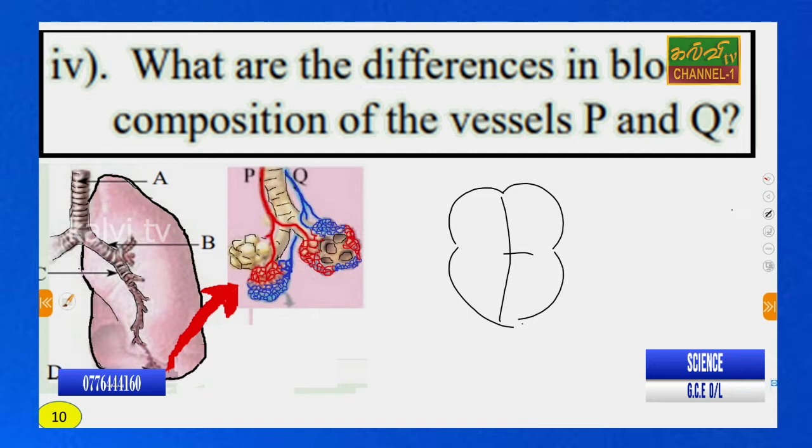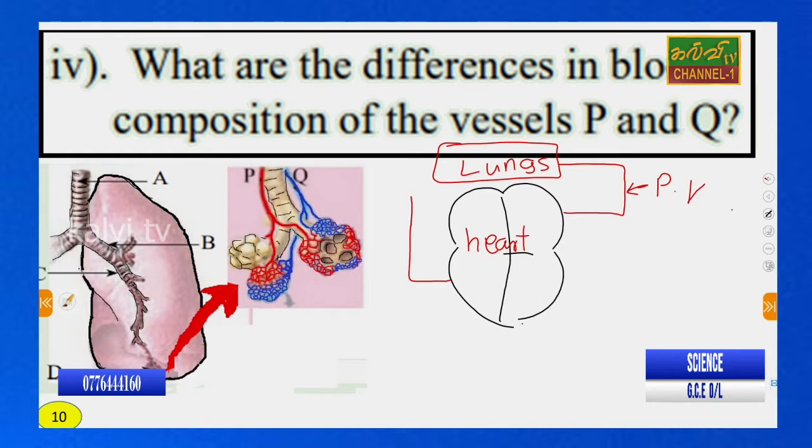Especially the lungs, say L, this is lungs, this is heart, right? This is pulmonary vein, this is pulmonary artery.